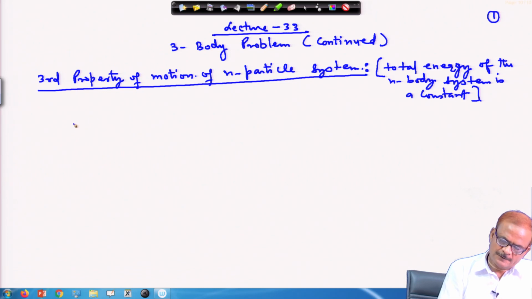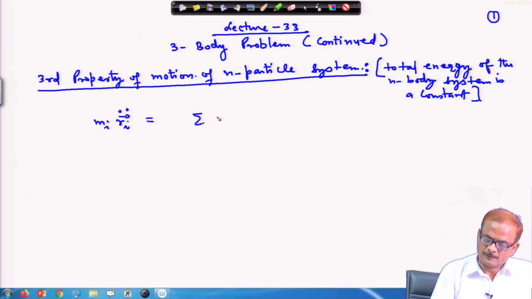So, again we start with the equation of motion we have written earlier, with r I j whole cube.